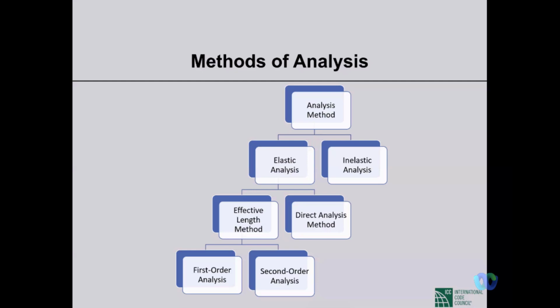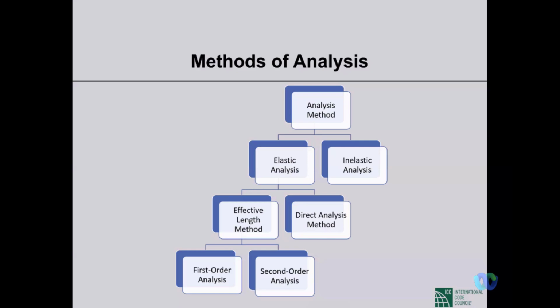In the elastic analysis, there is the traditional effective length method, which is usually for buckling. We always go for the slenderness ratio, KL by r, if you remember, with K the effective length factor.